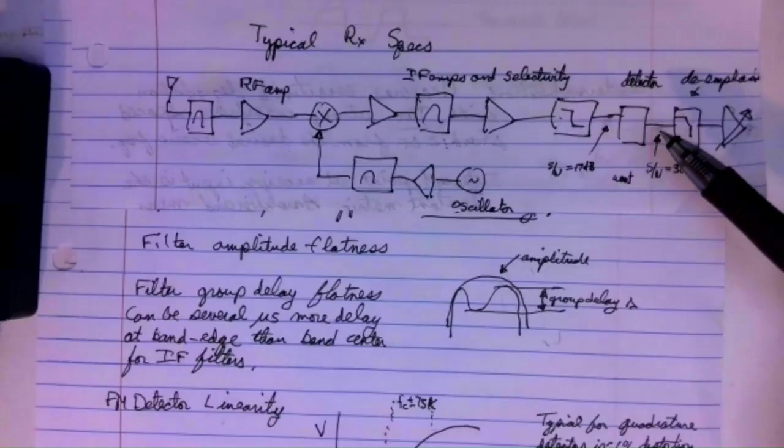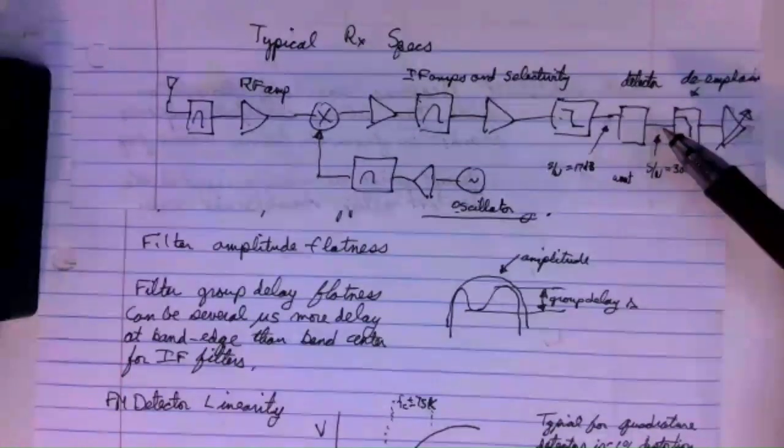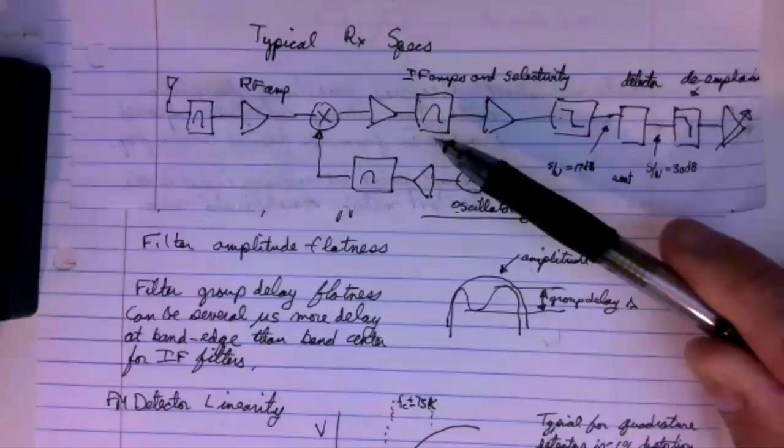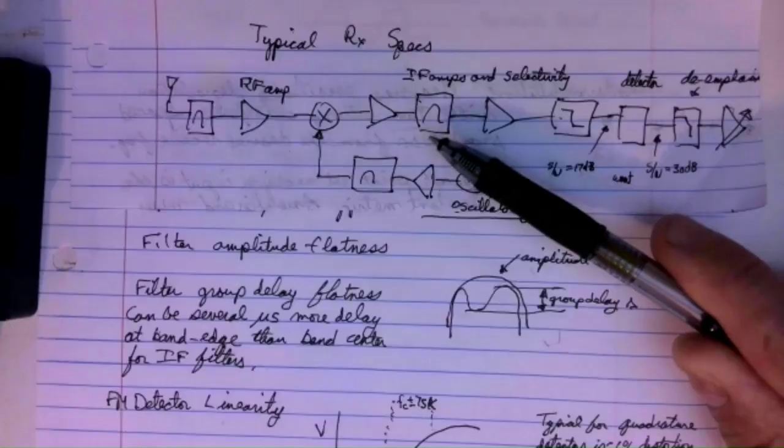And again, I don't know that I've ever seen anybody try to put numbers to it, in terms of what is the percentage distortion associated with a certain amount of group delay distortion.